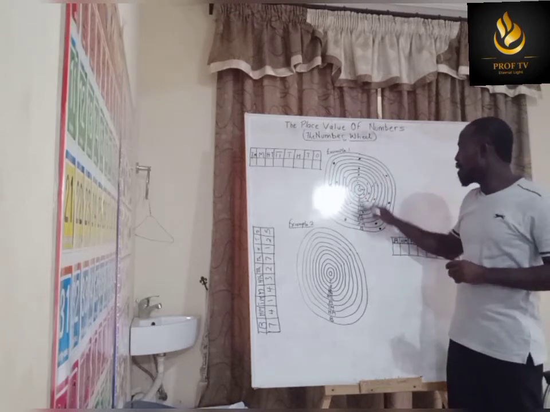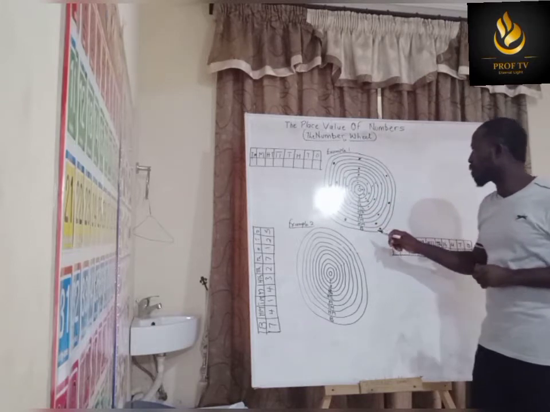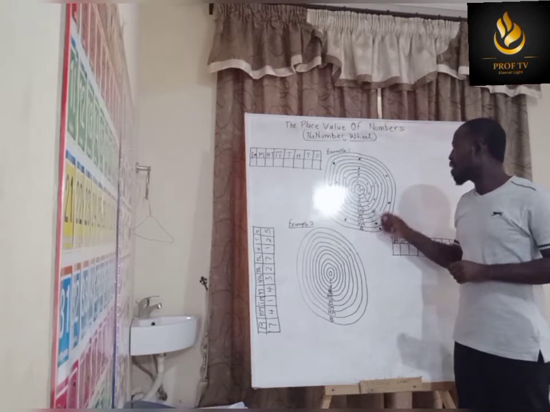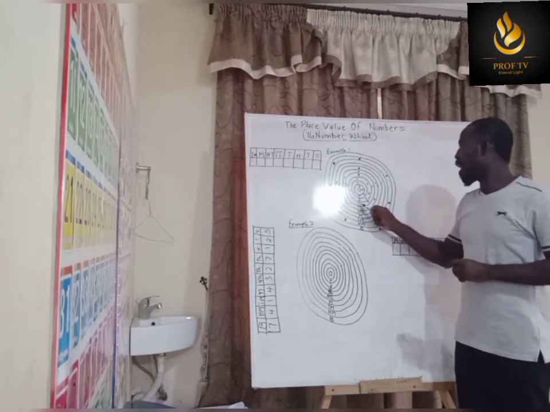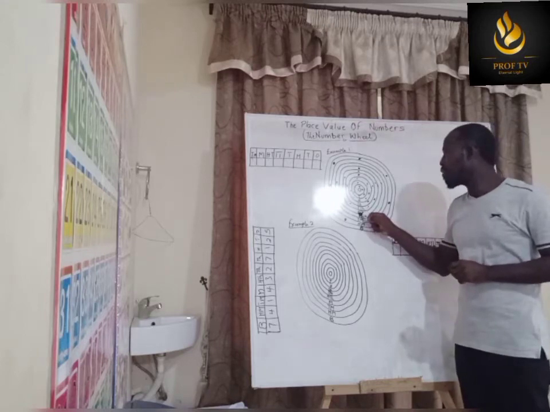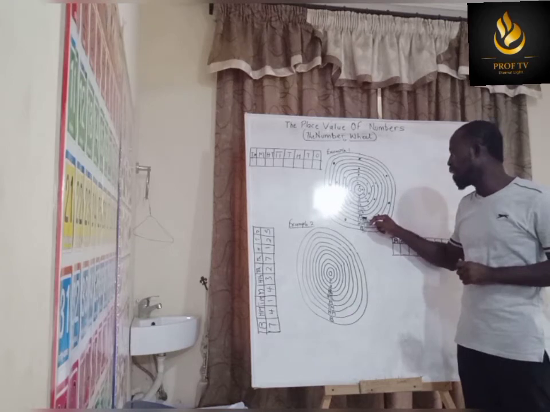Alright? Let me also make you understand my symbols. So I have ones, I have tens, I have hundreds, I have thousands, tens of thousands, hundreds of thousands. Then I have million.